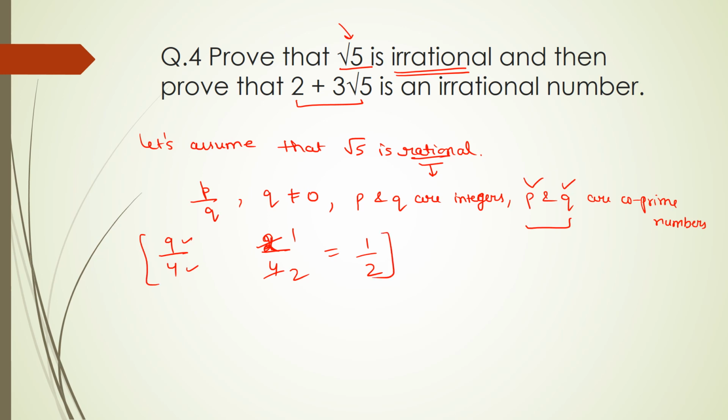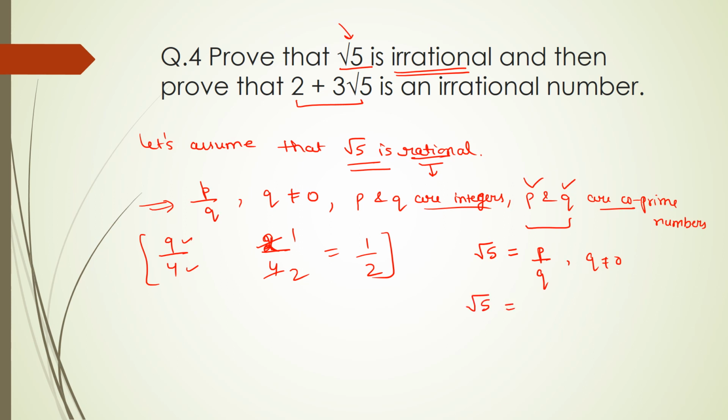Let's come back to the question. So I have assumed that root 5 is rational. So that means these conditions need to be fulfilled. Correct? So I am saying that root 5 is rational, so it will be in the form of p by q, where q is not equal to 0, p and q are integers, and all those things.